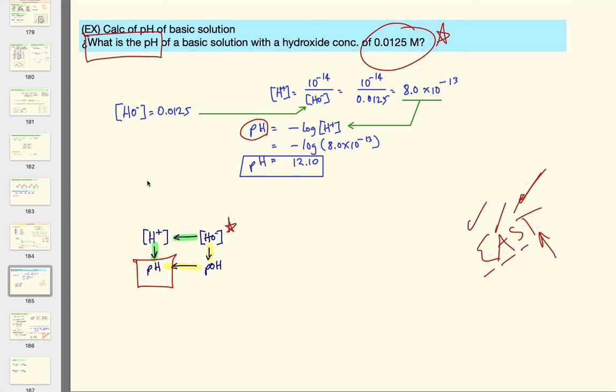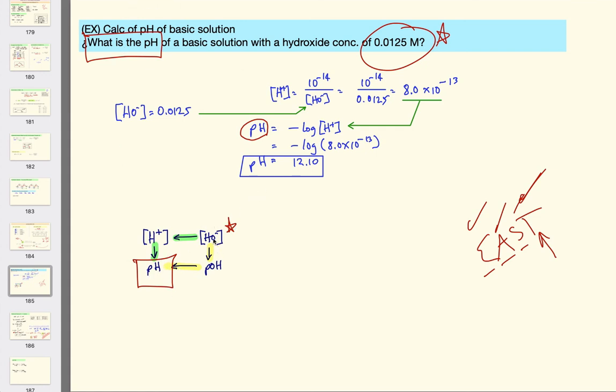On to the next slide if I can get there. Okay, so we worked a sample problem here, almost at the end of our review. What is the pH of a base solution of hydroxide? Easy, it gives a hydroxide concentration. Since it asks about the pH, there's my star where I'm starting, and I put a box where I'm headed because it asked for the pH.